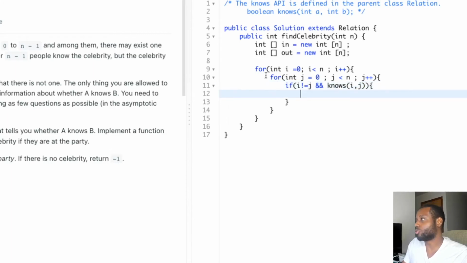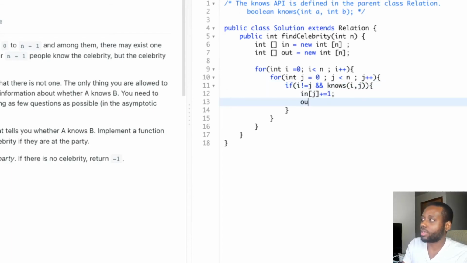If that's the case, if I'm not the same person and i knows j, that means the in-degree of j gets incremented by 1, because that's one more node pointing to it. We're saying i knows j. So we also update the out-degree of i, because it's now pointing to a new node. That's why it gets incremented by 1.